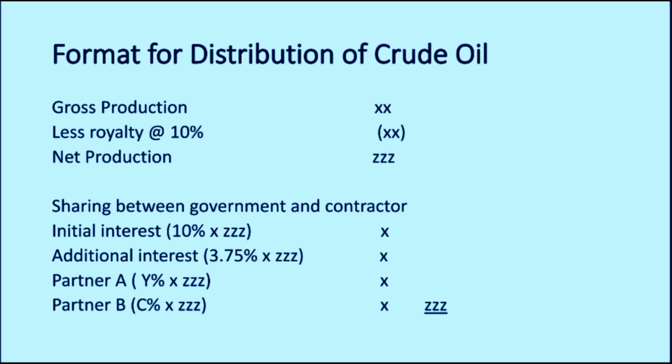Then you get your net production. Then you share between government and the contractors, where government will take its initial interest, its additional participating interest, then the partners will also take. All these percentages are levied on the net production after the royalty, or where there's sole risk, after the royalty and the sole risk.